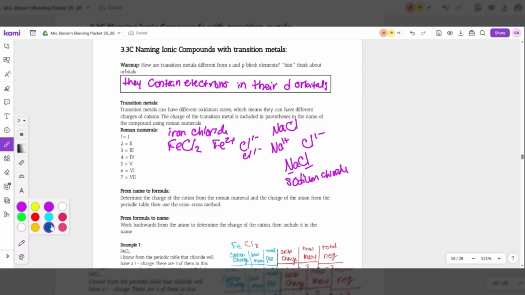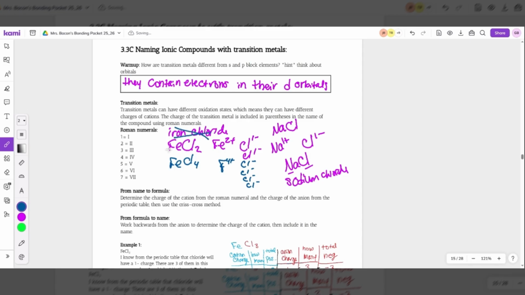Or if I'm saying iron chloride, that could mean FeCl4, where this is Fe4 plus, and then 4 Cl minuses. And those are entirely different compounds with entirely different behaviors. So I can't just say iron chloride.